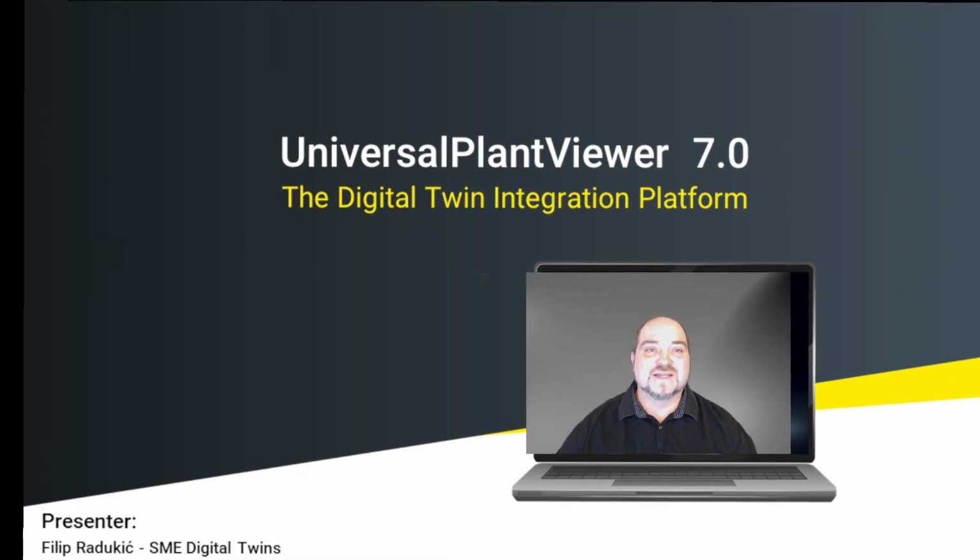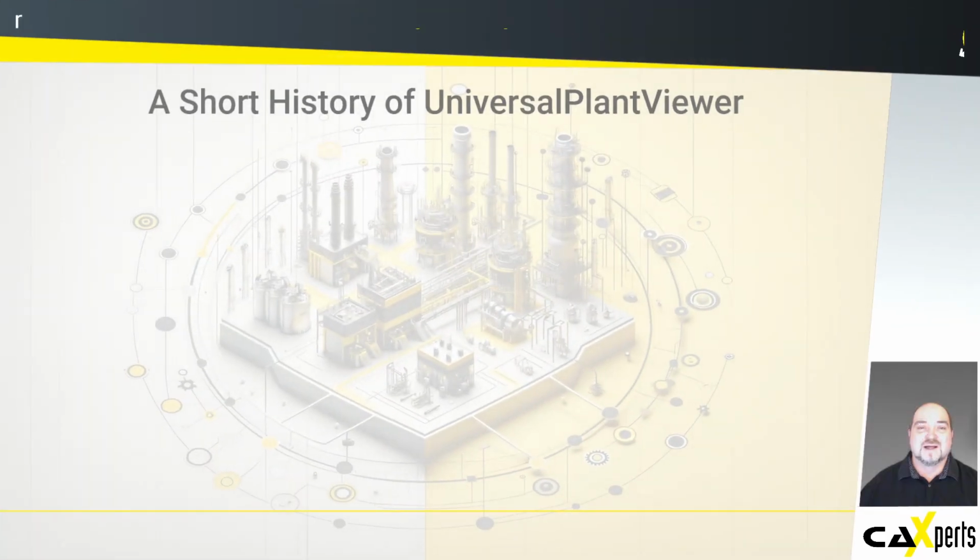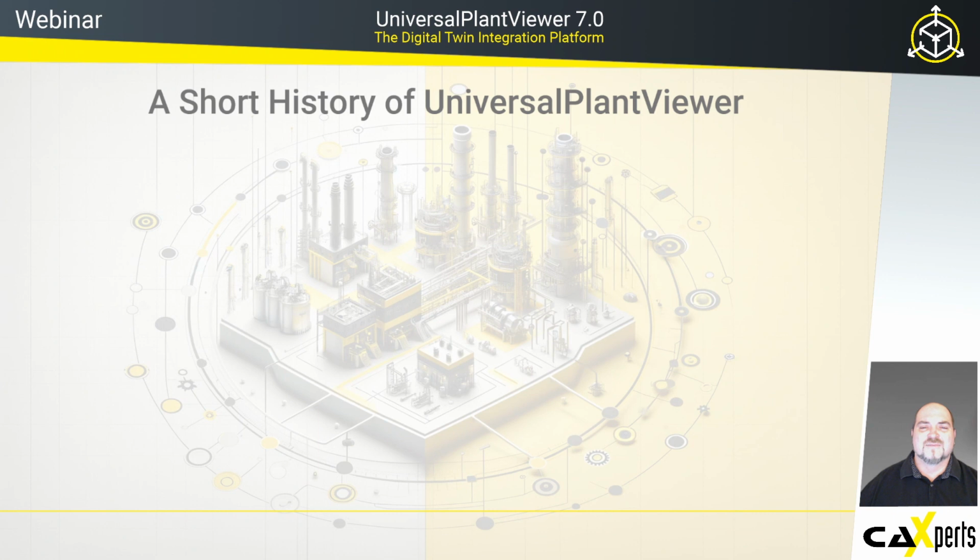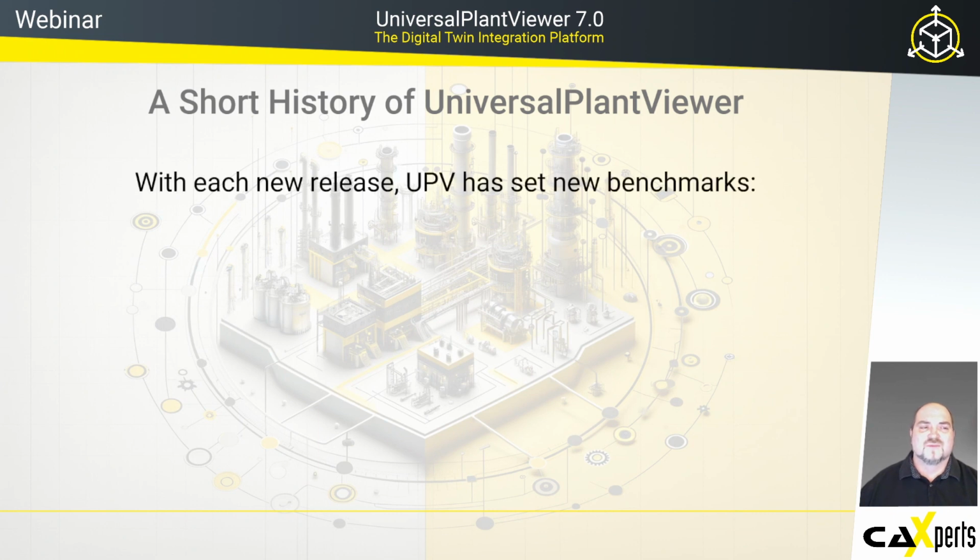But instead of looking into UPV 7, let's first take a glance back in the past. So UPV has actually set new benchmarks with every new major release from the beginning.